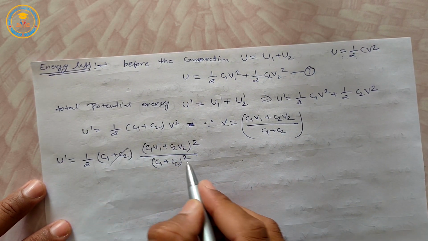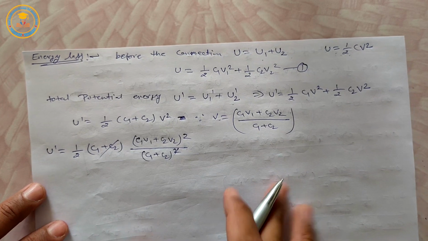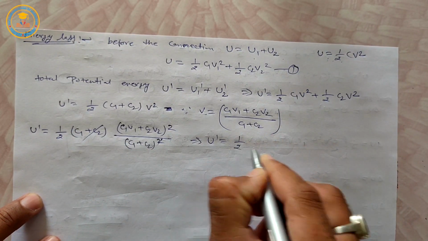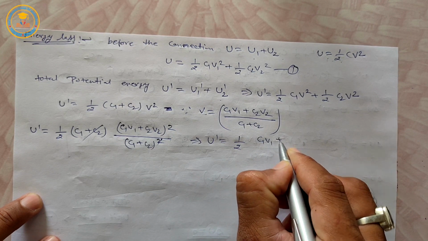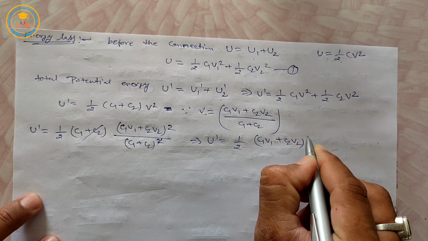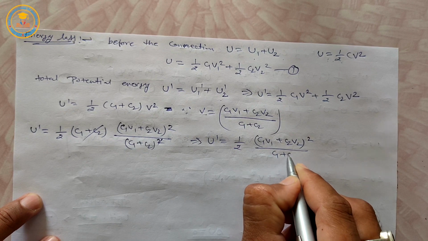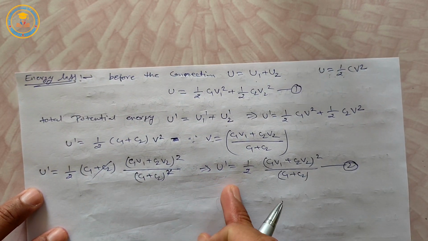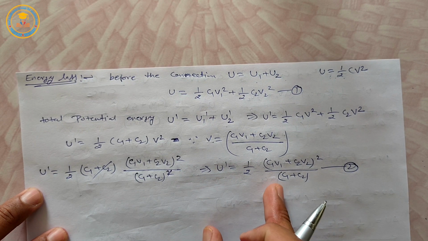One power of C1 plus C2 cancels out. Then we get U dash is equal to 1 by 2 (C1 V1 plus C2 V2) whole square upon (C1 plus C2). This is equation number 2. This is the total electric potential energy after the connection.